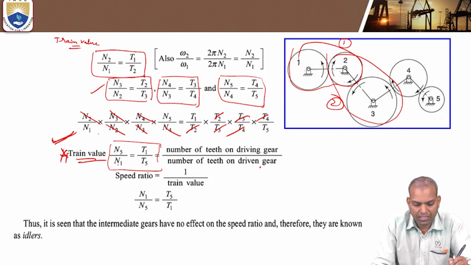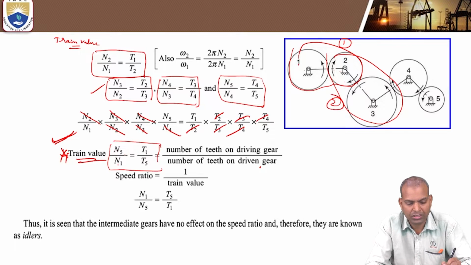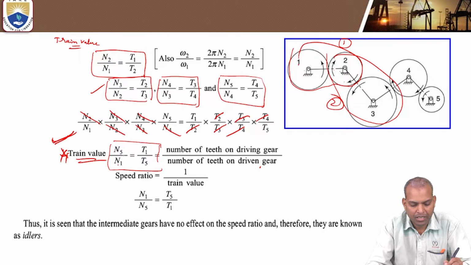From the obtained equation, N5 by N1 equal to T1 by T5, we can understand that the intermediate gears 2, 3, 4 are not affecting it.